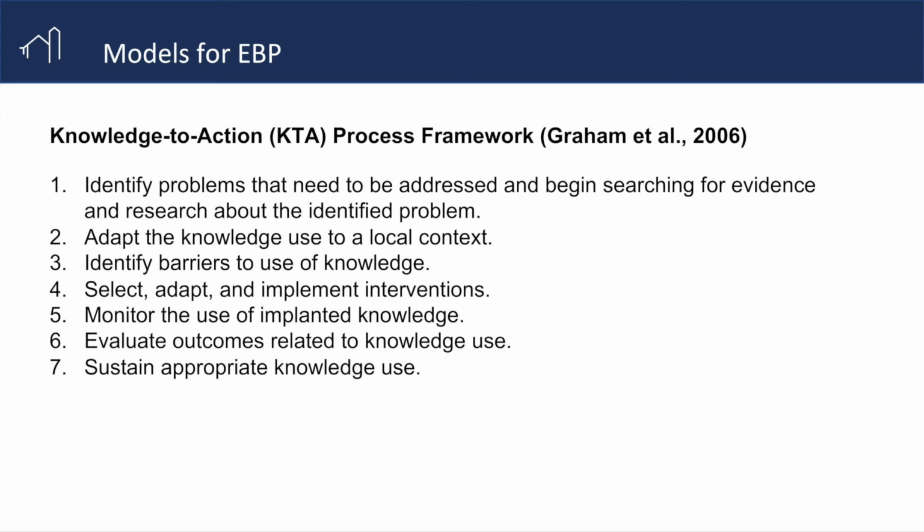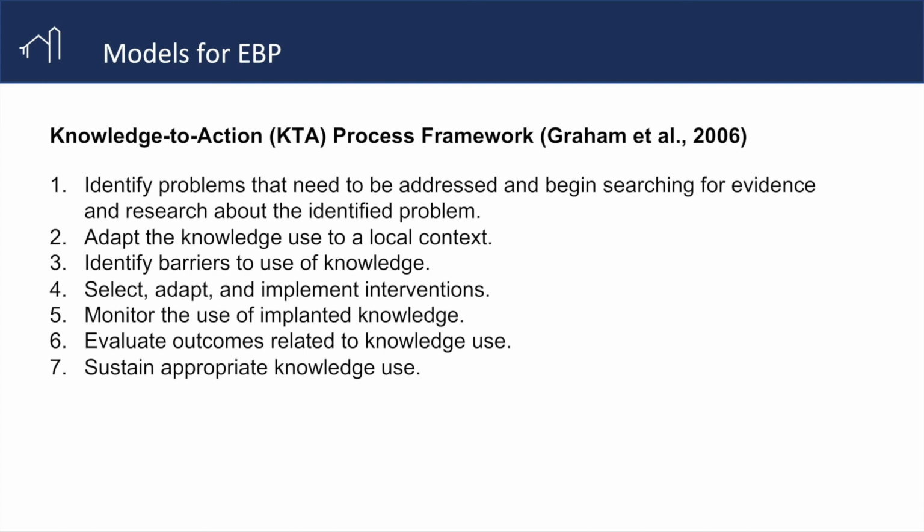So you might observe, or through your expertise and experience, you might know that there are certain barriers to the use of evidence in a program. So say there's a lack of time to devote to understanding evidence, there's a lack of expertise amongst the staff. And so the third step is to really identify the barriers to the use of that knowledge and try to mitigate and lessen those barriers.